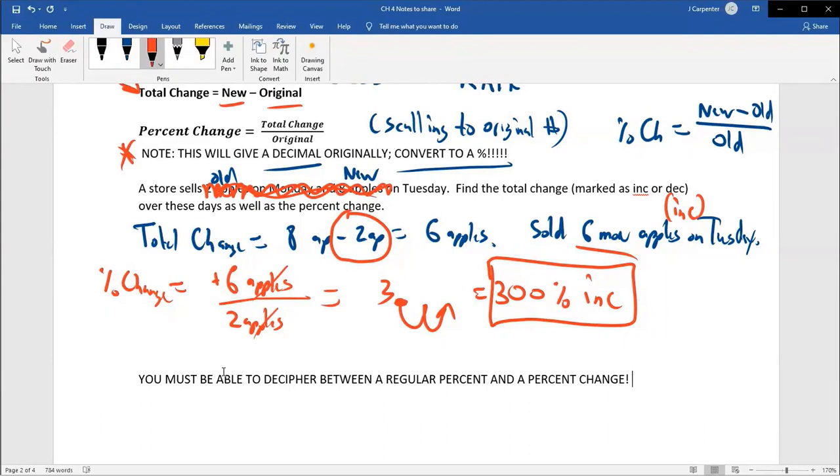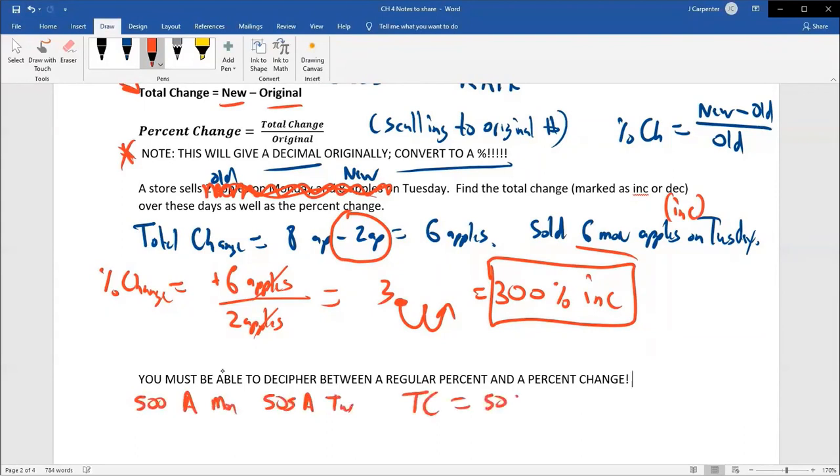So if you did this for a Kroger that sold 500 apples on Monday and 505 apples on Tuesday, that percent change would be just insignificant practically. It would be 1%, in fact. So if you had 500 apples on Monday and 505 apples Tuesday, the total change would still be 5.